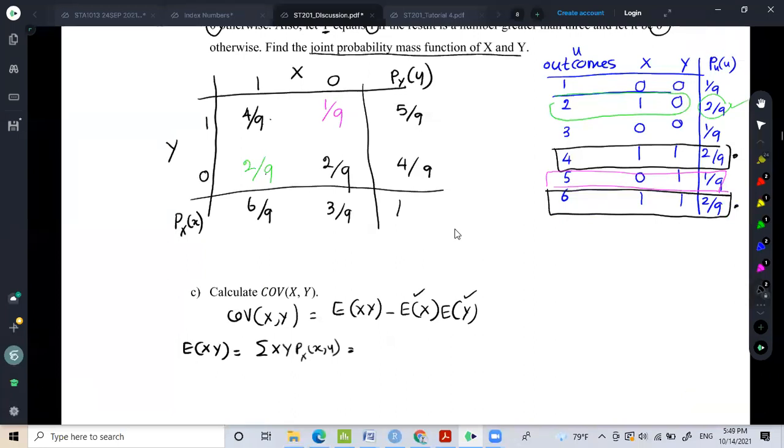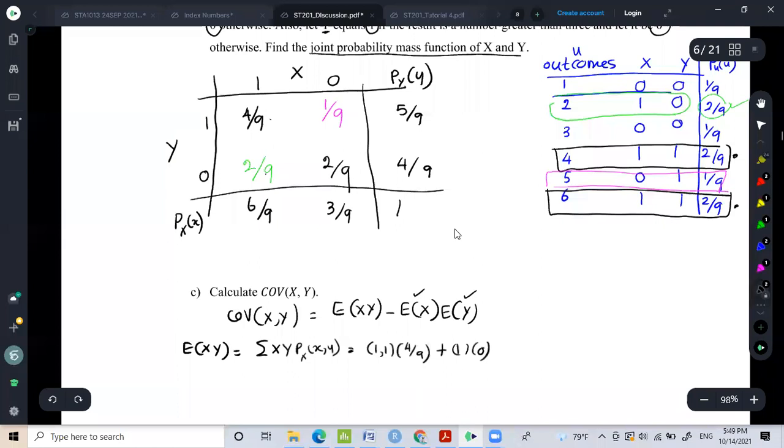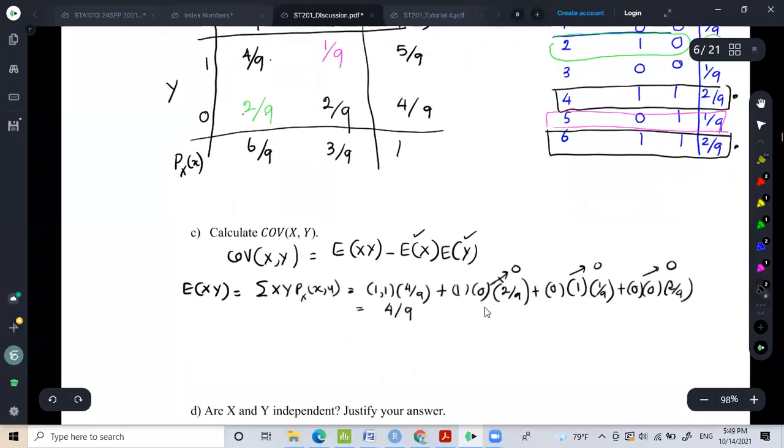X is 1, Y is 1, and its probability is 4 over 9, plus X is 1, Y is 0, and that probability is 2 over 9, and when X is 0 and Y is 1, that probability is 1 over 9. Finally, you have 0, 0. Well, obviously, it's going to be 0. Anyway, all these values will go to 0. So we'll end up with just the first calculation, which is 4 over 9. Right. So that is EXY.